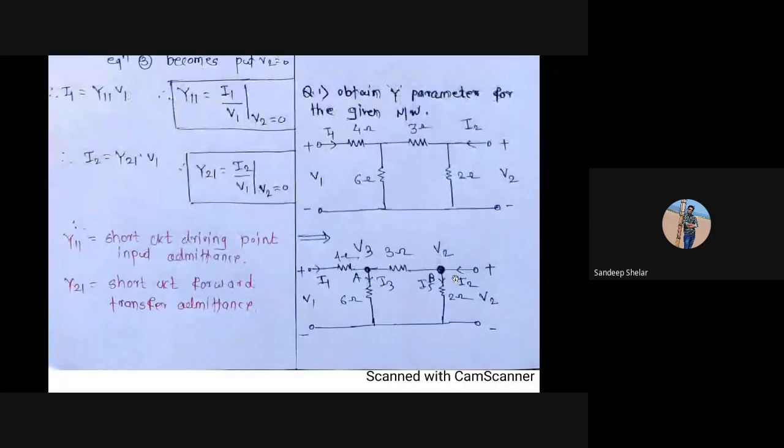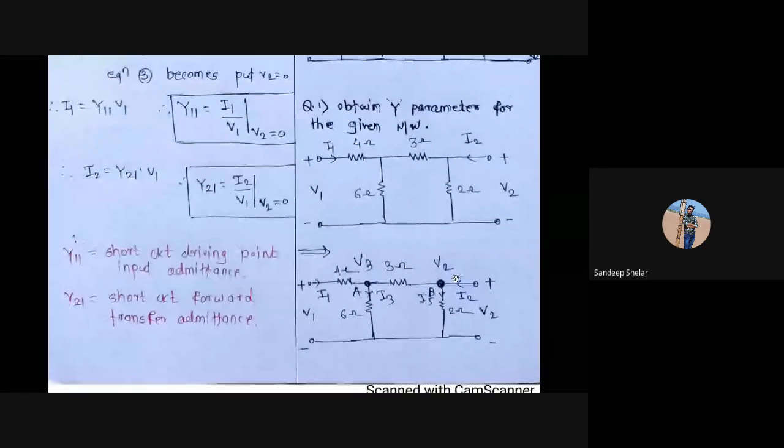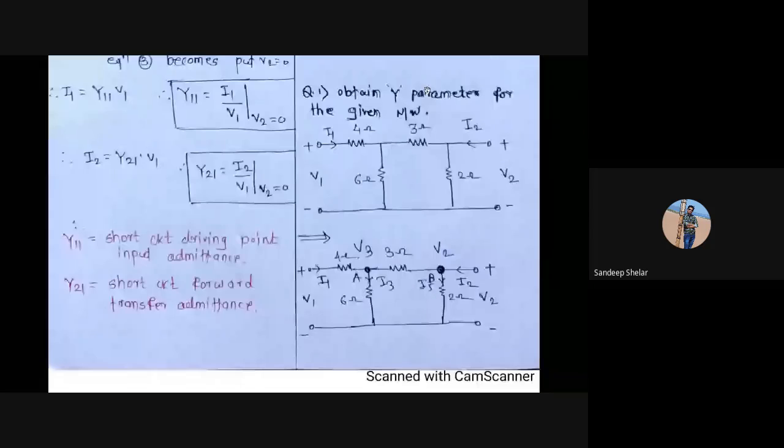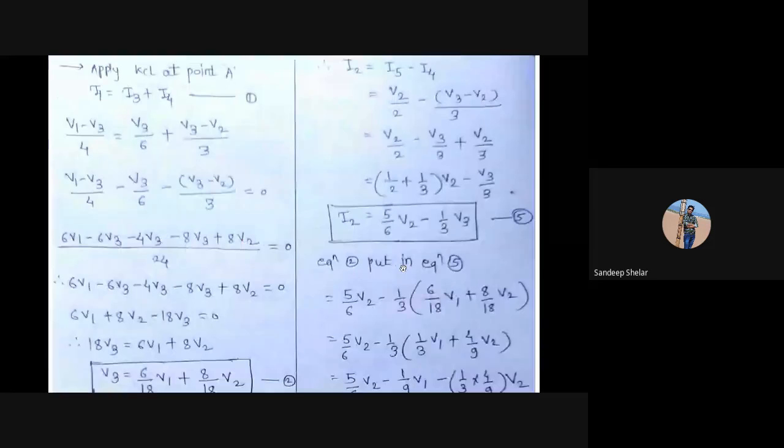Then minus I4, that is current I4, we have not shown it, but in this 3 ohm resistance I4 is flowing, that is I4 is equal to V2 minus V3 upon 3, that is V3 minus V2 upon 3. Now solving this equation, I2 is equal to V2 upon 2 minus V3 upon 3 plus V2 upon 3.